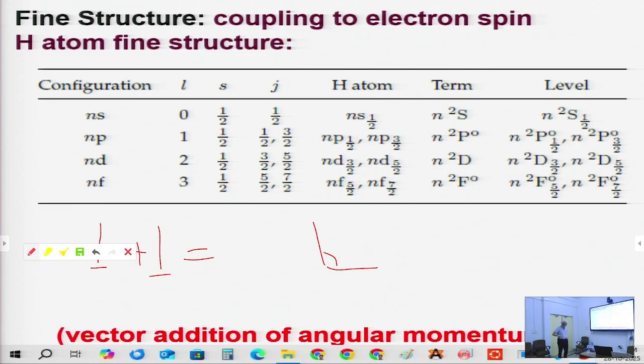Now, I don't know whether you've done this, but I suspect some of you have. You can only get the integer gaps. So 1 plus 1 doesn't give you any value between 0 and 2. It gives you 0, 1, and 2. And the same thing works with half integers.